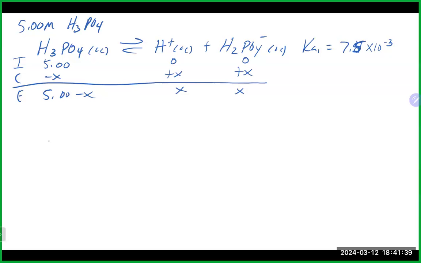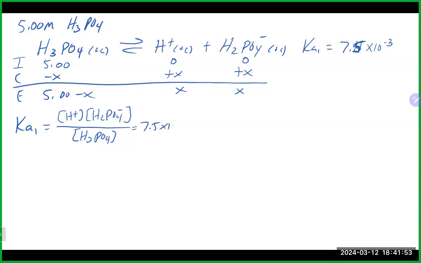This is going to go into our Ka1 expression, which will be our H plus, our H2PO4 minus, divided by our H3PO4. And that's going to equal our 7.5 times 10 to the minus 3. That's going to give us x squared divided by 5.0 minus x.